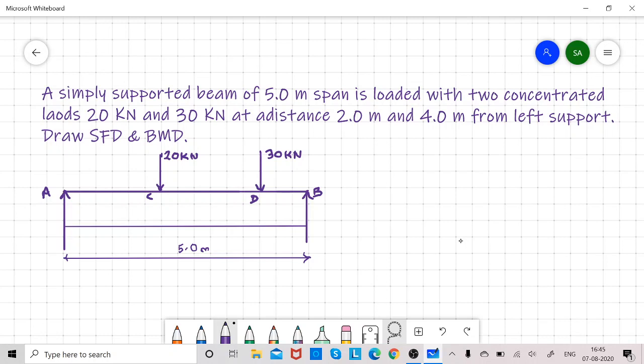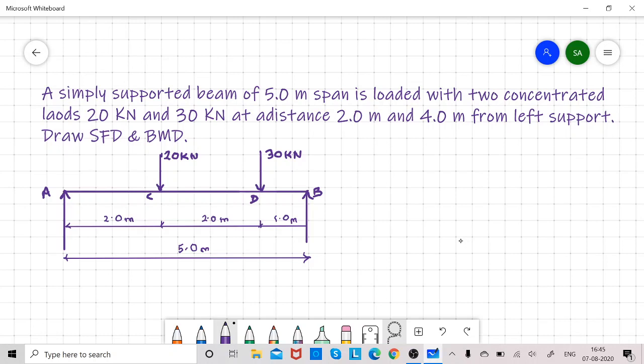The first load is at a distance 2 meter from left support and the second load is at a distance 4 meter from left support. So from C it is 2 meter and from B it is 1 meter.